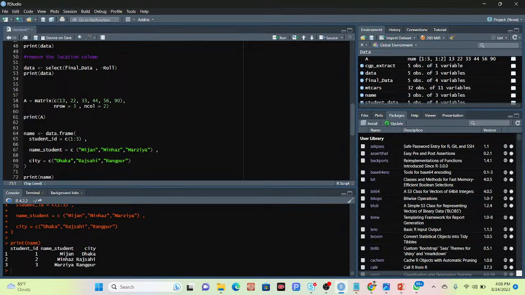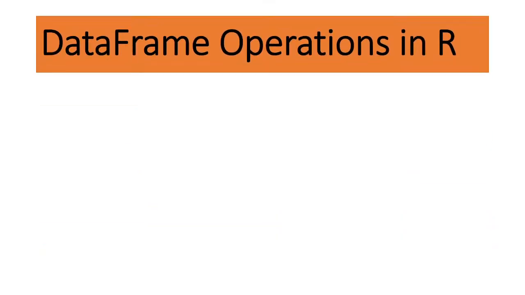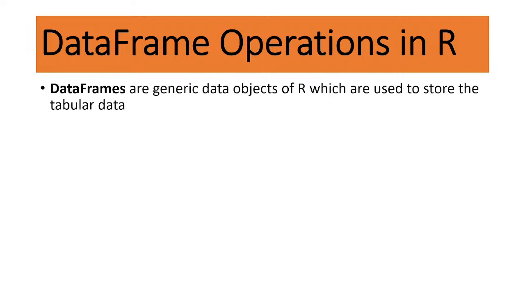Okay, so now we talk about data frame operations, how we can easily use the data frame for different types of work. So let's go, I just open my slide. Data frame operations in R, how we can easily use different types of operations in R. Data frames are the generic data object of R which are used to store tabular data.